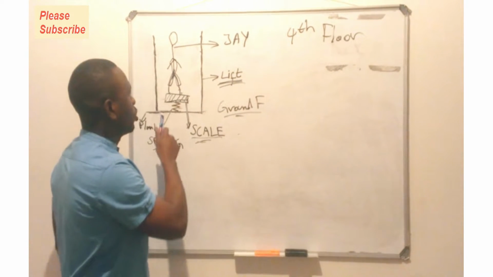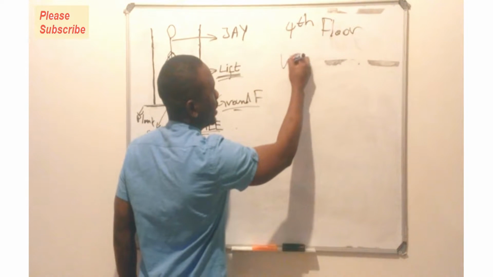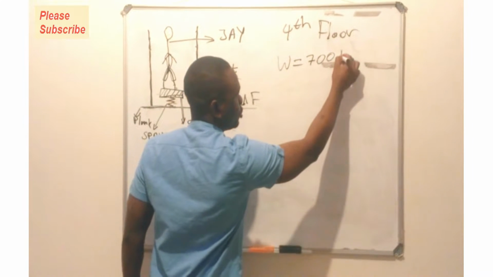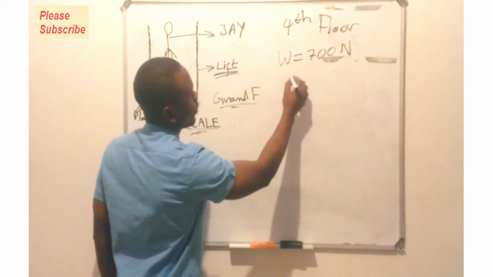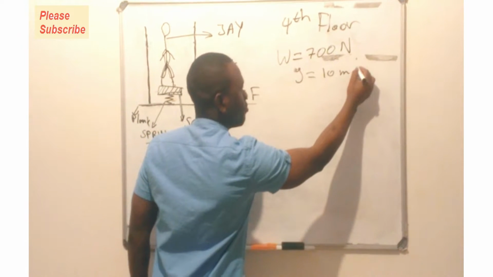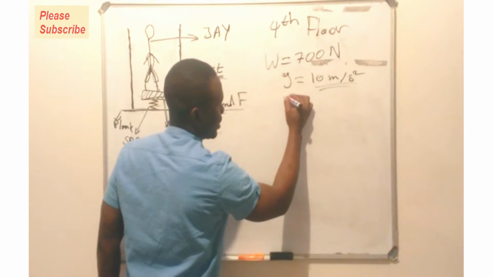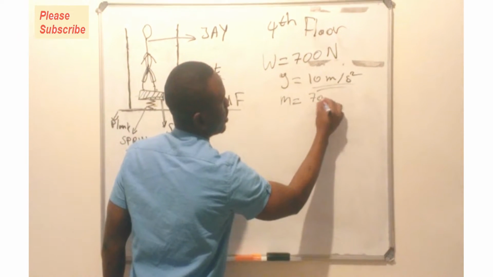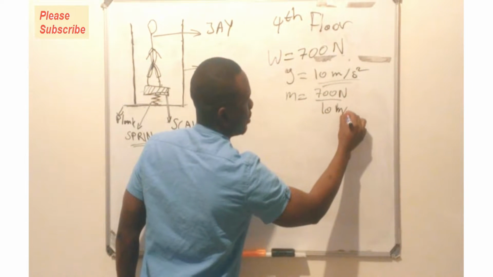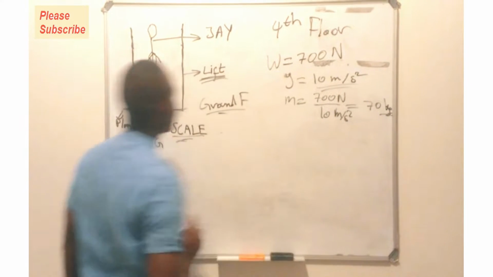So Jay, before the lift starts moving up, realizes that his weight is 700 Newton, considering the acceleration of gravity of 10 meters per second squared. So obviously, Jay's mass is 700 Newton over 10 meters per second squared, which is 70 kilograms.